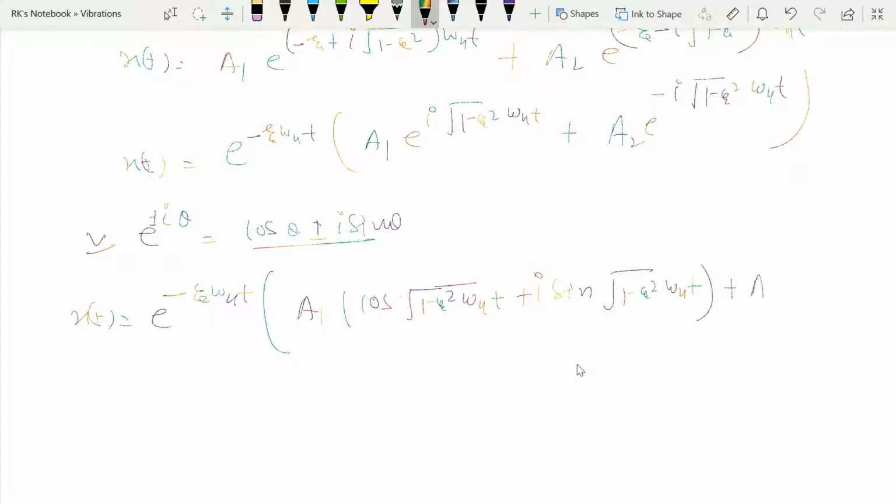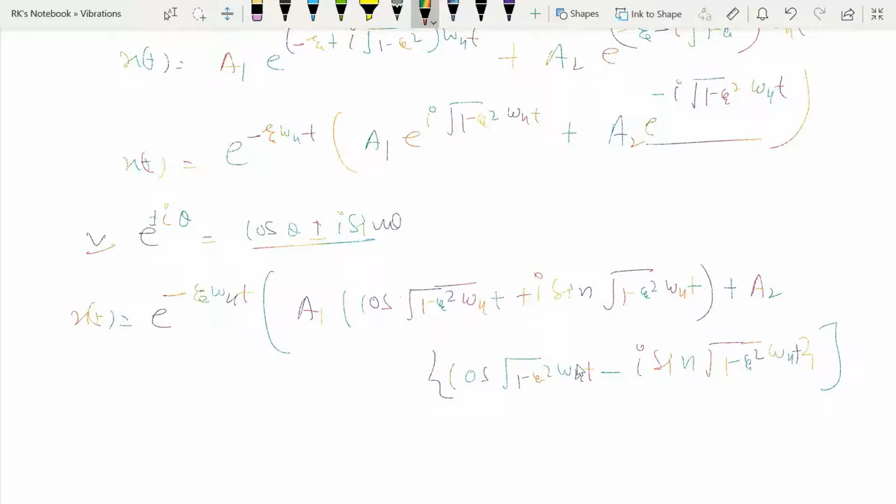Plus A2, at the place of this we write cos square root of 1 minus zeta square omega n t minus iota sine square root of 1 minus zeta square omega n t, right?